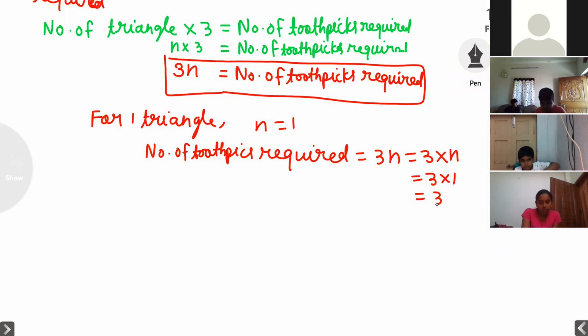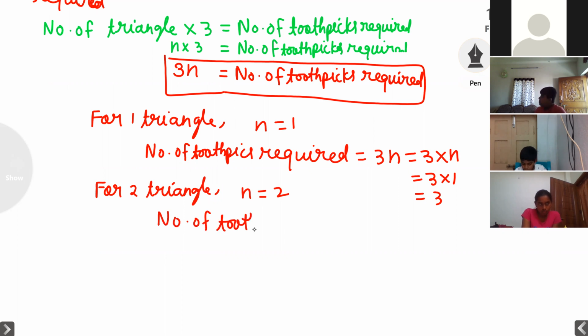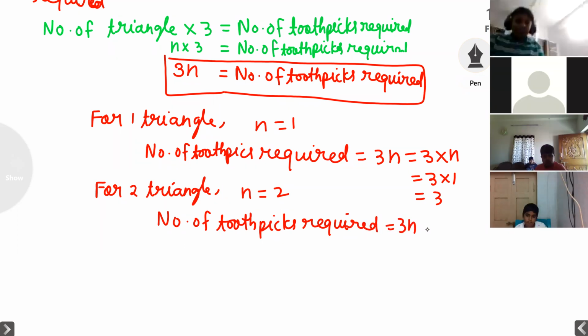If I want to draw two triangles, the value of n equals 2. Number of toothpicks required equals, formula is 3n, which means 3 into n.